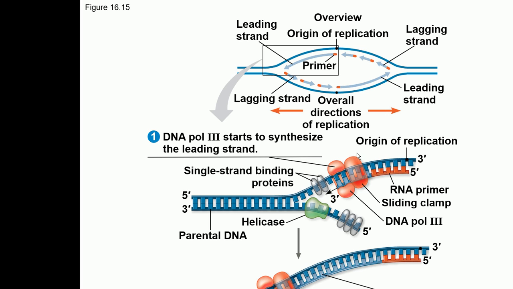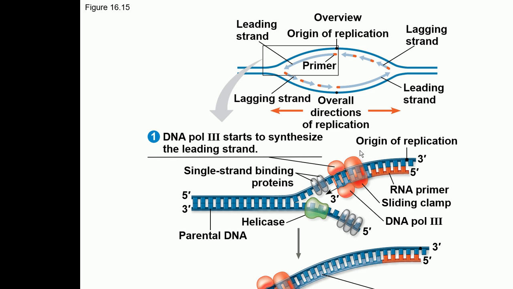Okay, so this is basically showing you what I just drew, and you can see this side is leading, this is lagging. And all these enzymes are involved in this. So this is all the machinery. We call it the DNA replication machinery. All these proteins are there. So this is the origin of replication.